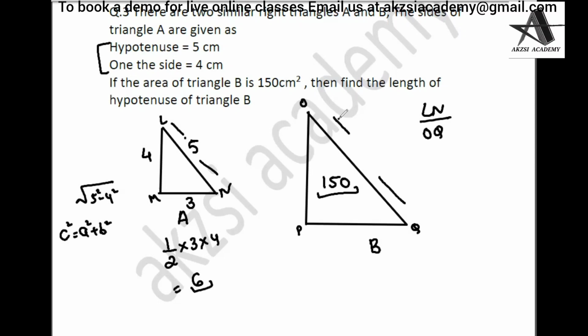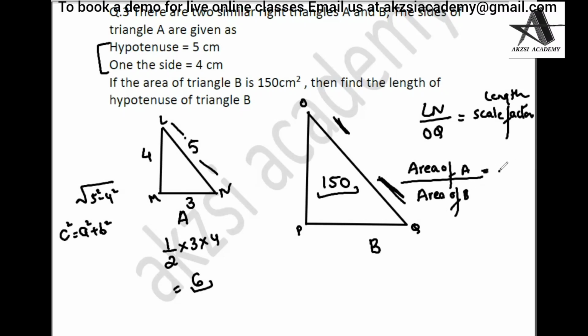Take the corresponding, that means this side is the corresponding side. And LN is the hypotenuse of the first triangle, so we have to take the hypotenuse of the other triangle, which is OQ. This is a length scale factor. Similarly, area of triangle A over area of triangle B is the area scale factor.